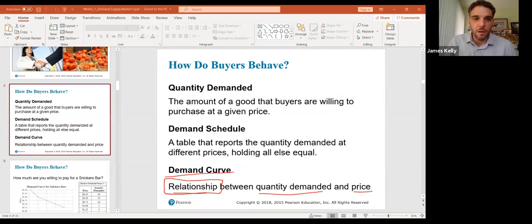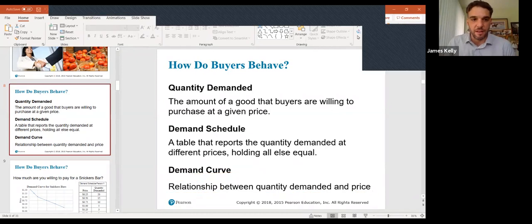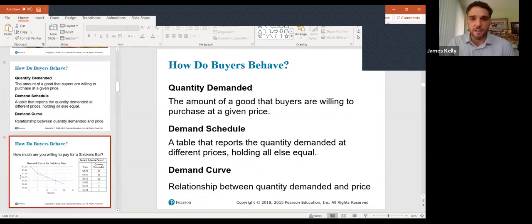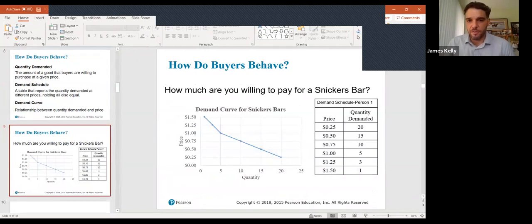We represent it using either a graph, where this is your demand curve, or a demand schedule, where you have what a price could be and what the quantity demanded would be at that price.